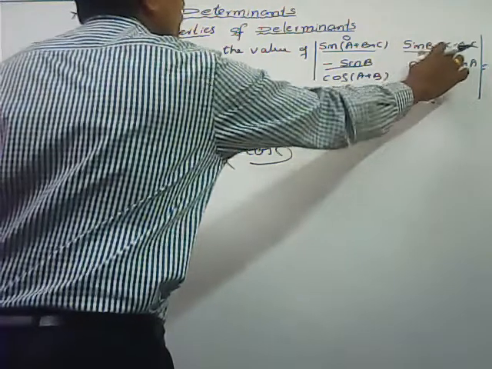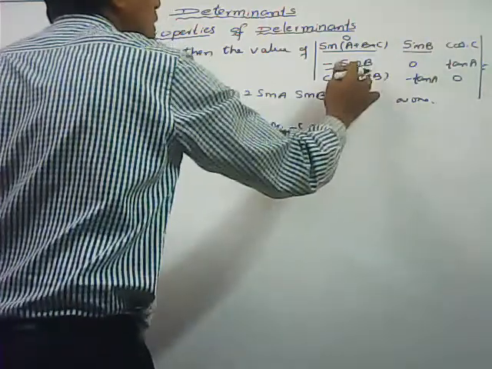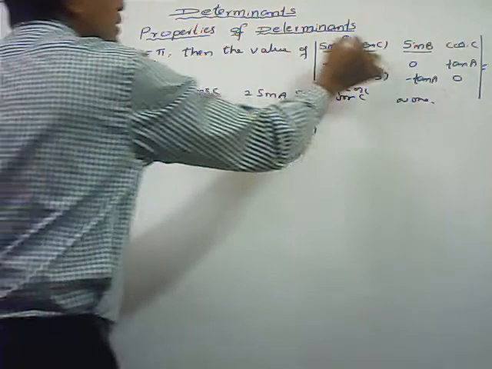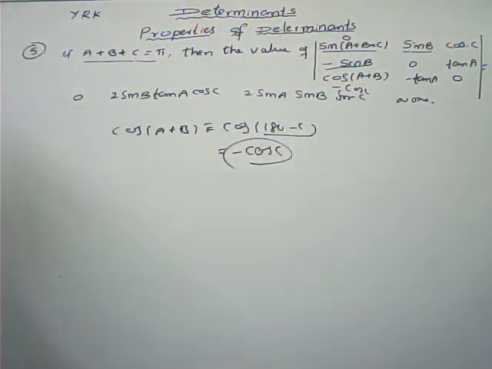So this is cos c, sin b, minus sin b, cos c, minus cos c, tan a, minus tan a. And all the diagonal elements are equal to 0. All the diagonal elements are equal to 0 and the ith row jth column element is equal to minus the jth row ith column element, that one we say is a skew symmetric matrix.